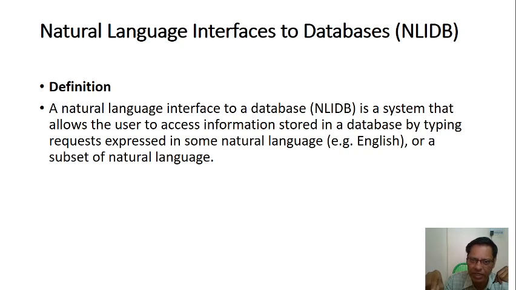The database has the information and meaning, and it is converting. The information is stored and is accessed from the database by typing requests expressed in some natural language, in their own language, or in English, or in a subset of natural language.